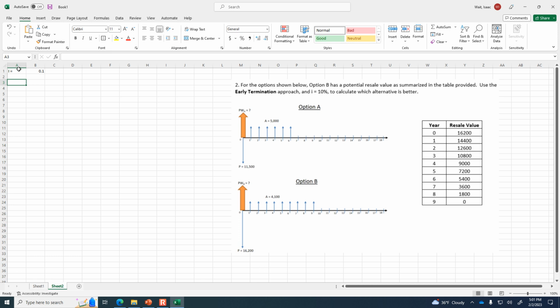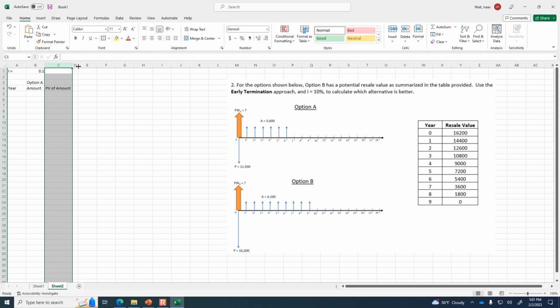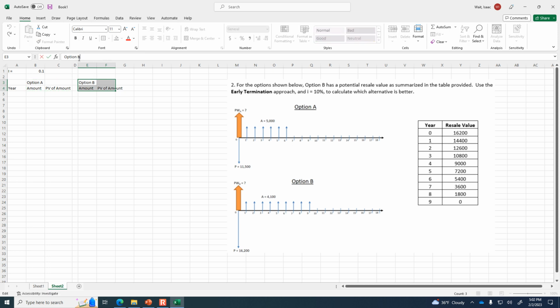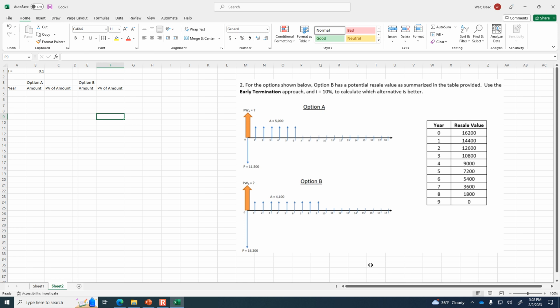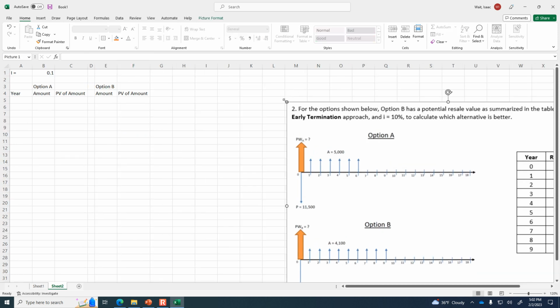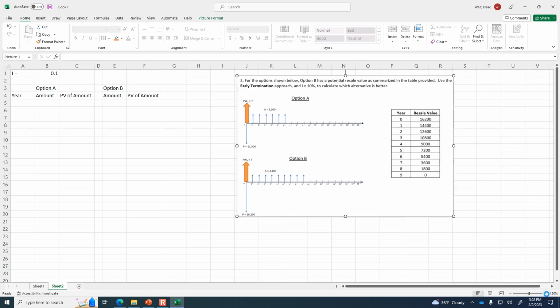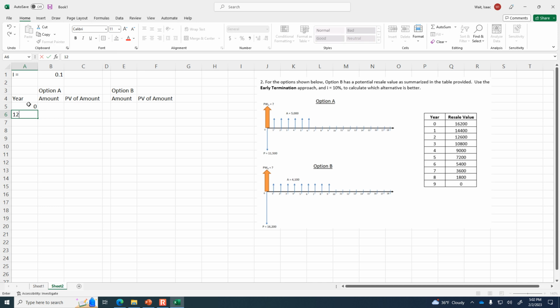And then we're going to have year, amount, PV of amount for option A, and then the same thing over here for option B. So we want to compare it over the same time frame, but this one is going to make it shorter. So we only need it through 6 years.